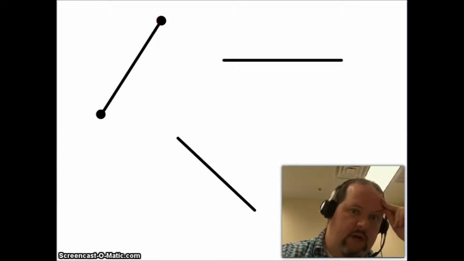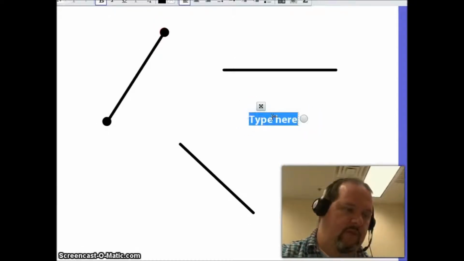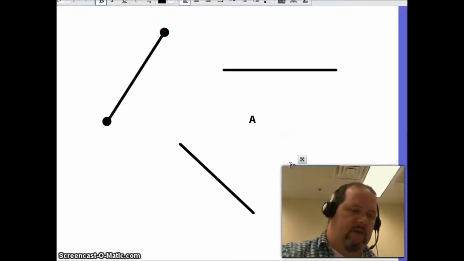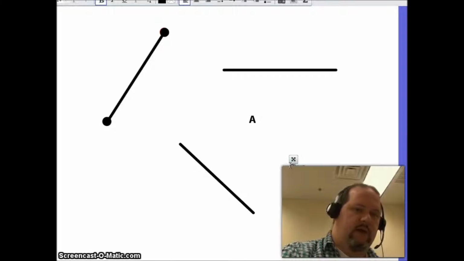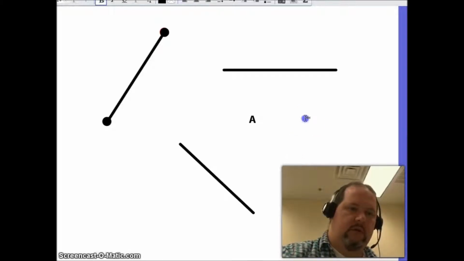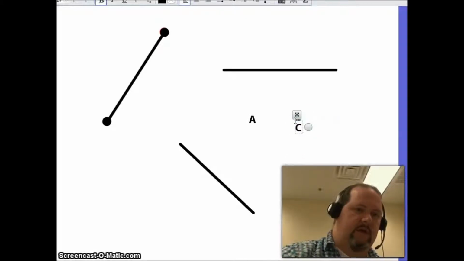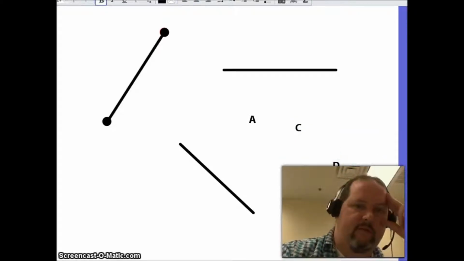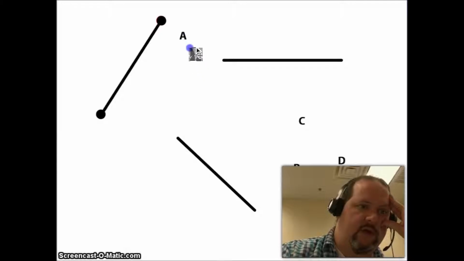So let's go ahead and label some of these points. I'm just going to pick A and B. Let's be real basic with it. We've got A and B. Let's go ahead and do a C and D. Now notice I'm using capital letters. Hopefully I've already taught you that points have to be with capital letters.